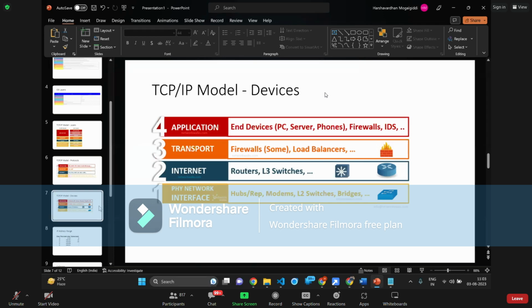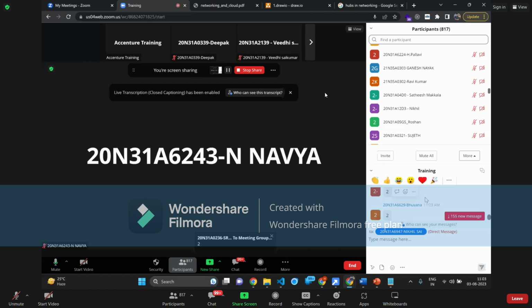Next. Any doubts till now? Everything is clear? If it is clear, then type a quick clear in the chat. Just say clear.